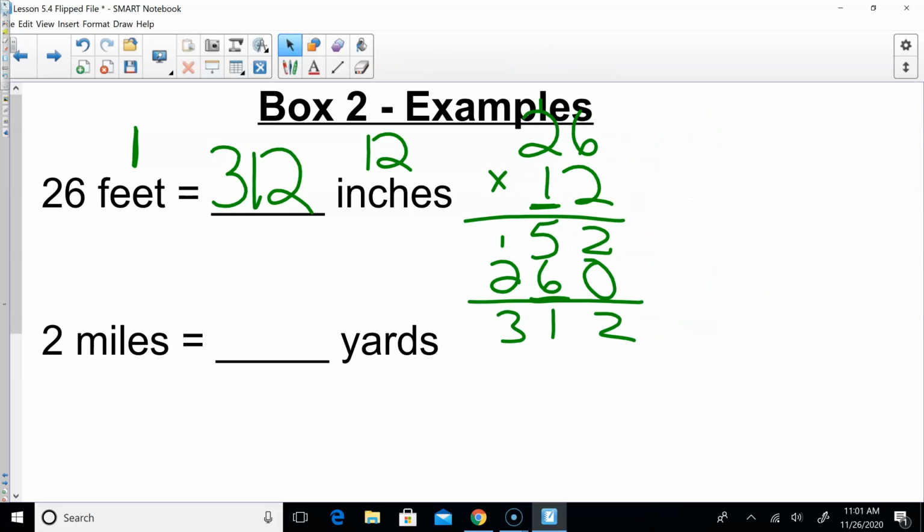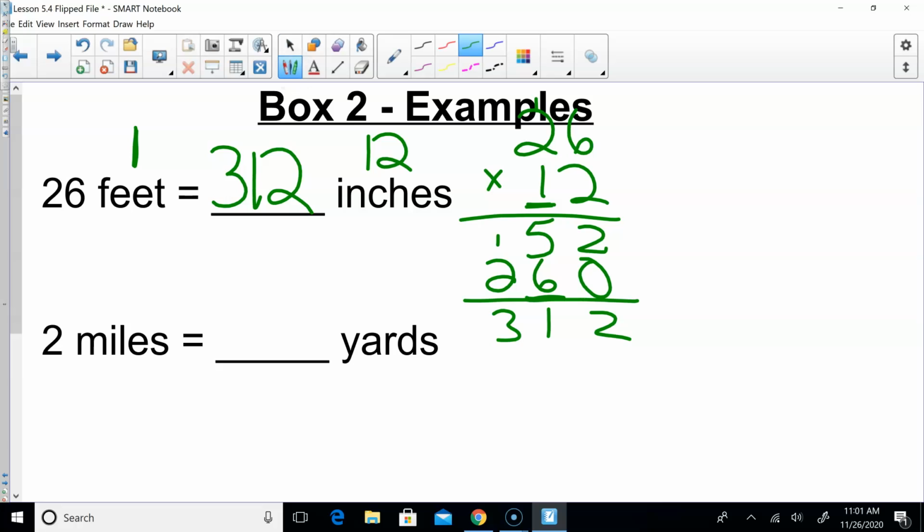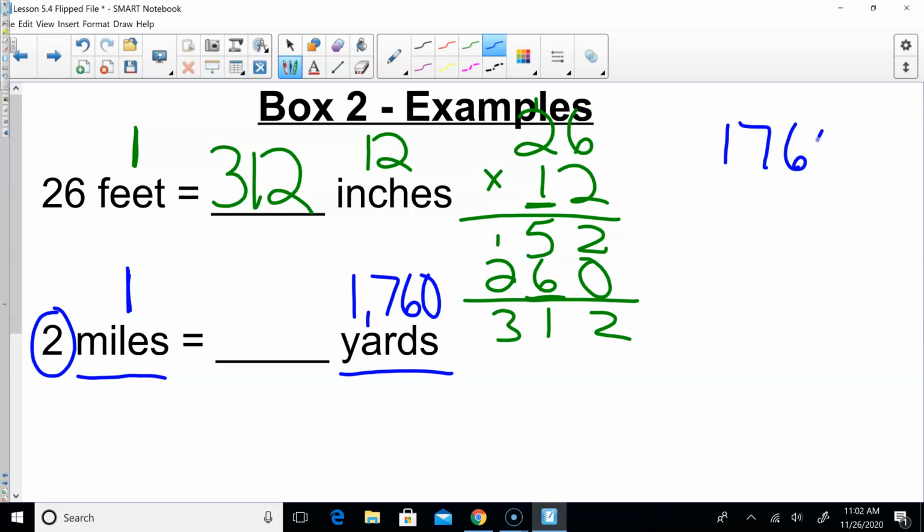The next one we have, move that over, need some more room for my next one, is miles to yards. Well, what's bigger, a mile or a yard? A mile is a really big unit of measurement. How many yards are in a mile? I could go back to my notes and look. 1,760 yards are in a mile. So that'd be 1 mile, but I have 2 miles, which means I have 2 groups of 1,760.